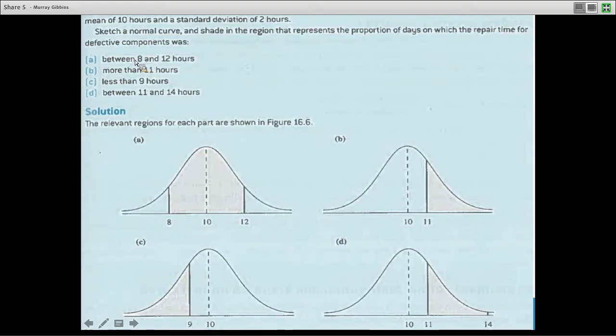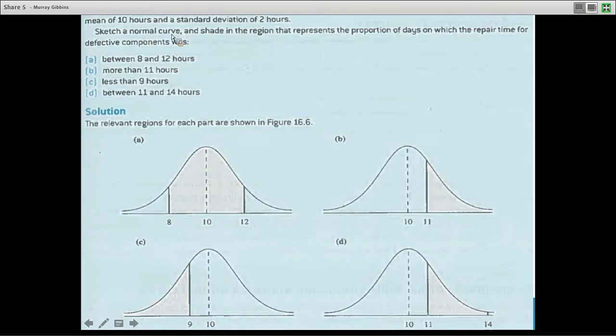Just work with good clerical accuracy to pick up the right figures, crunch the numbers in the formulas, and it's reasonably easy to get full marks in a question like the normal distribution in an exam. So these guys have found the mean was 10 hours with a standard deviation of 2.